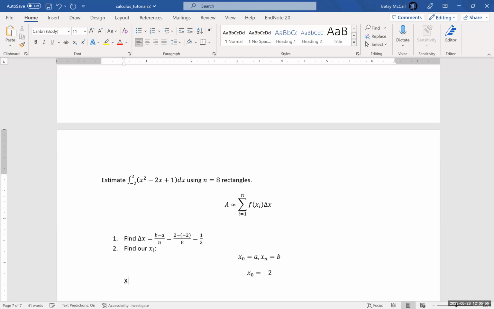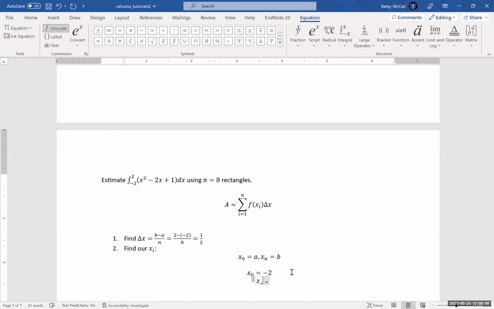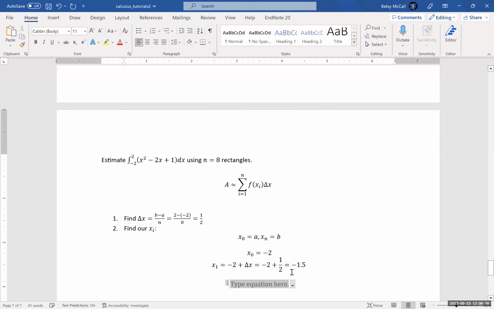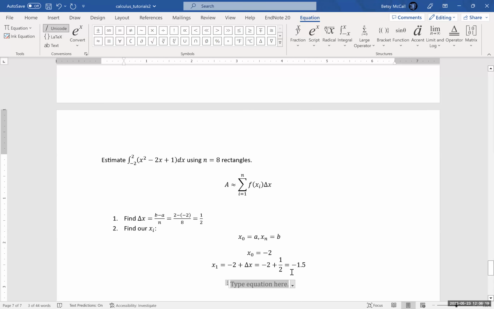So x sub 1 is equal to negative 2 plus delta x, which is negative 2 plus 1/2, which is negative 1.5. And then each point after that, we keep adding 1/2.